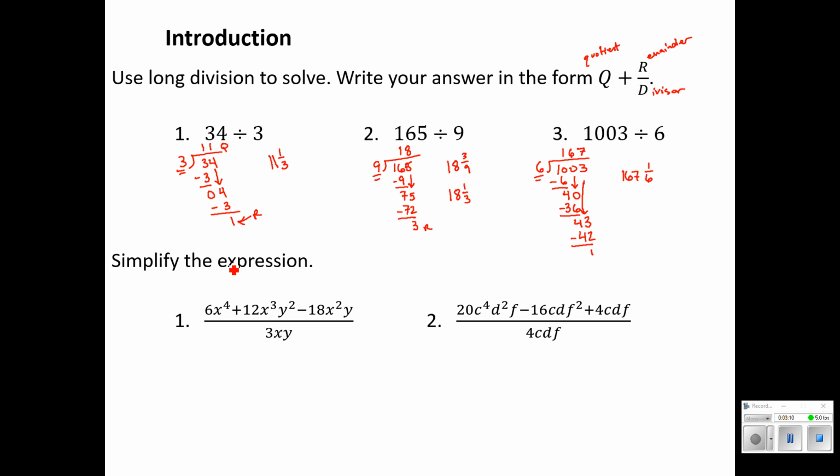For the second part of our introduction, we're going to simplify the expression, and here you can see that our denominator is a monomial. We don't see two terms added together or subtracted. So in this case, what we're going to do is think about this as being addition and subtraction all over a common denominator.